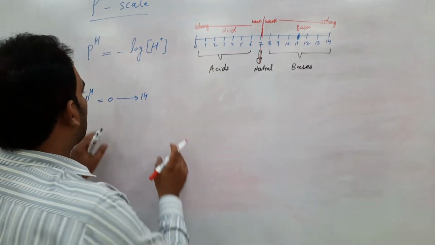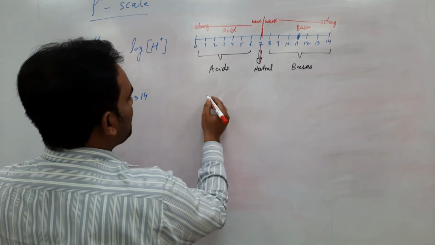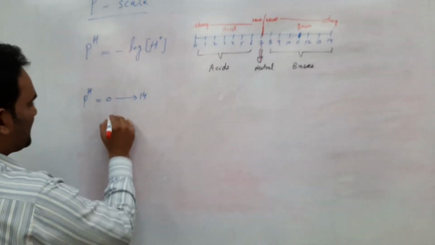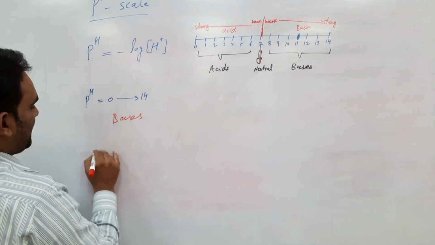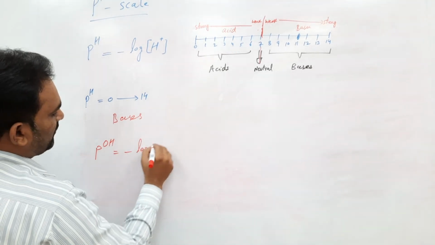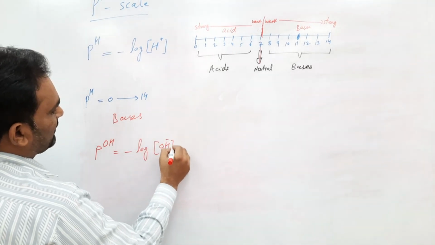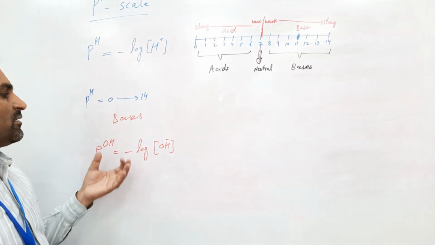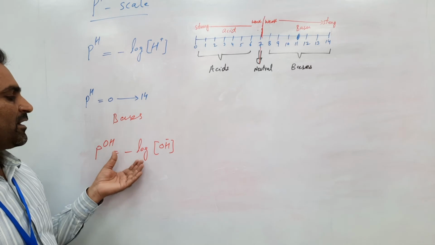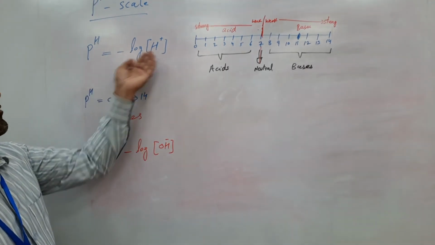Okay, and for acids we write pH, whereas for bases we write pOH. pOH is minus logarithm of hydroxide ion concentration. Because bases give you hydroxide ions and acids give you hydrogen ions.